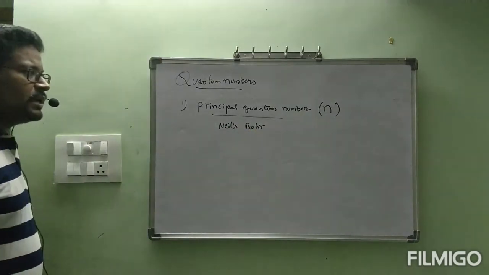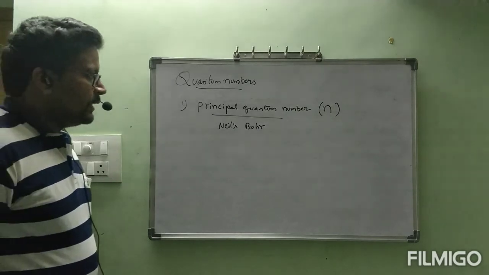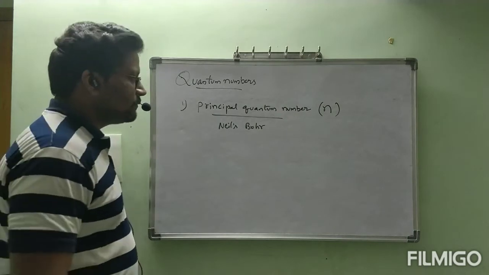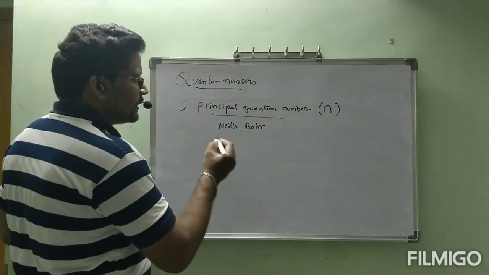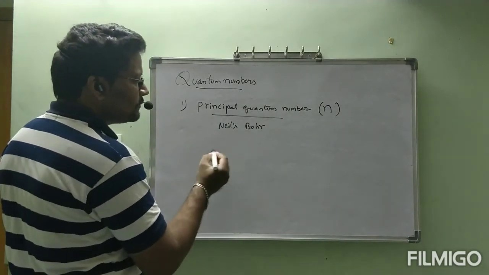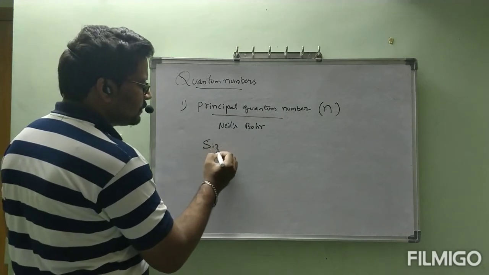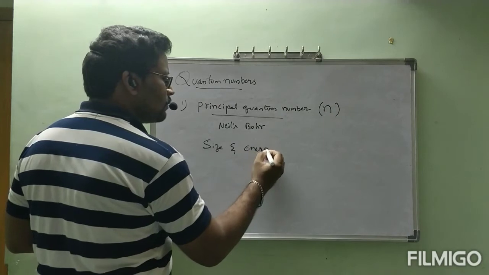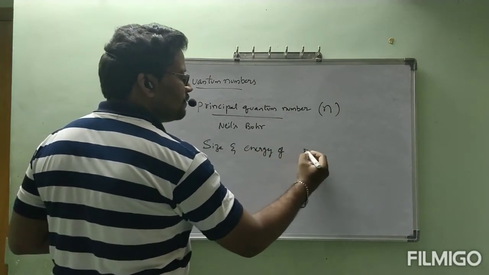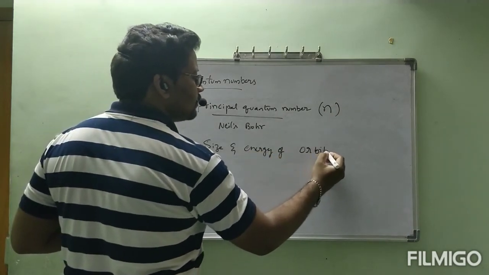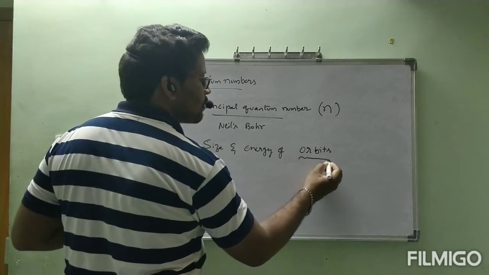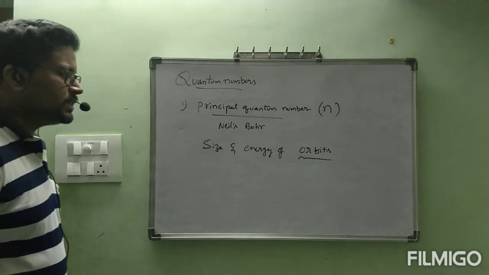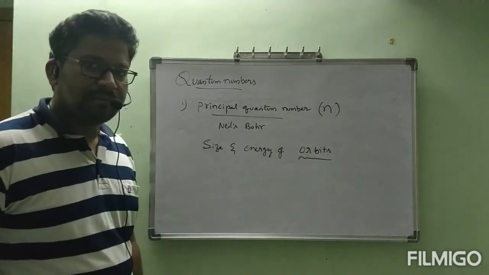This principal quantum number n represents the size and energy of orbits.